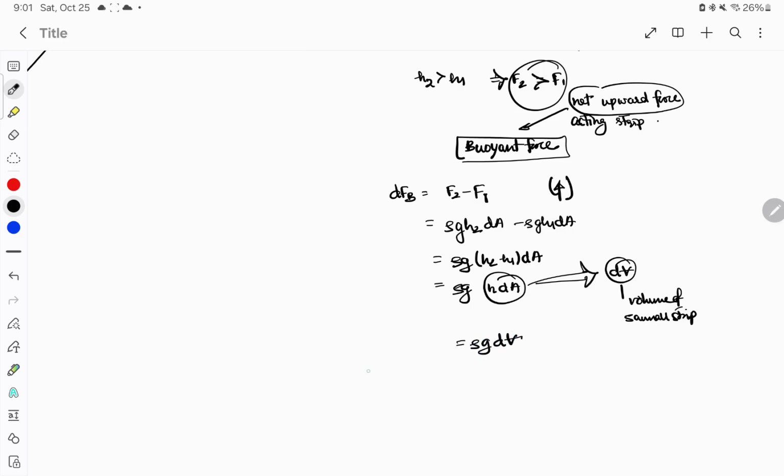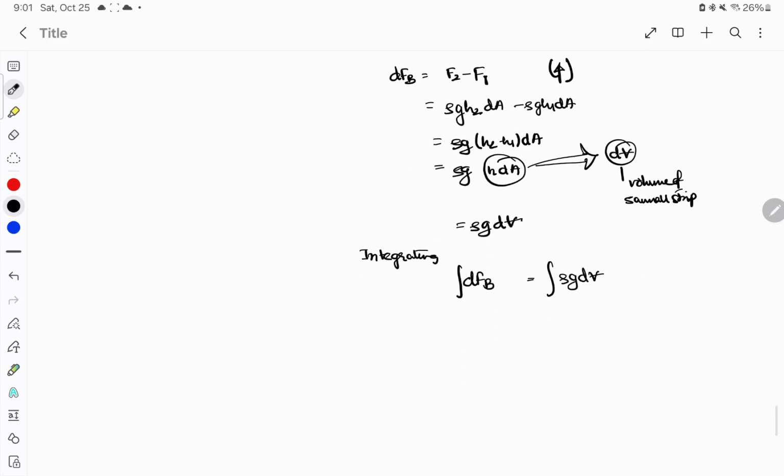If I want to calculate the total upward force on the body, we need to integrate it. Integrating, the total upward force, that is the buoyant force, is the integral of rho g dV, which gives the volume of the body.